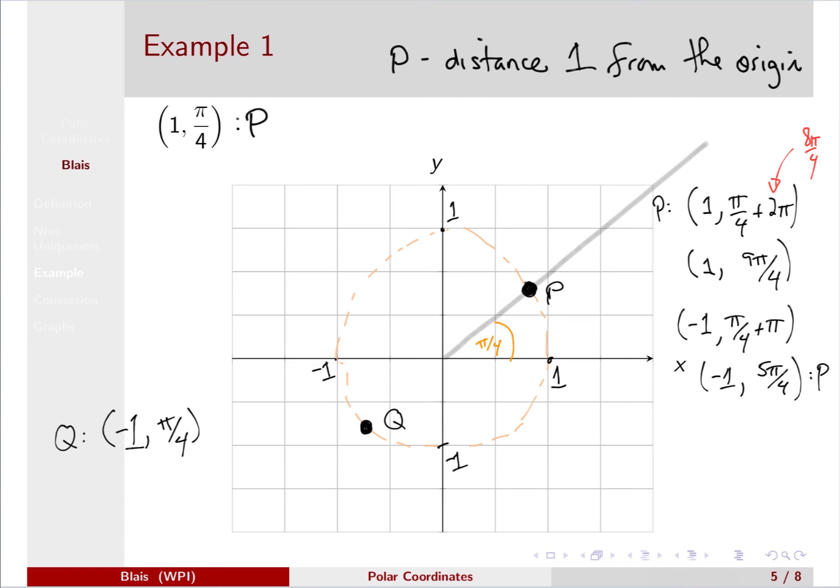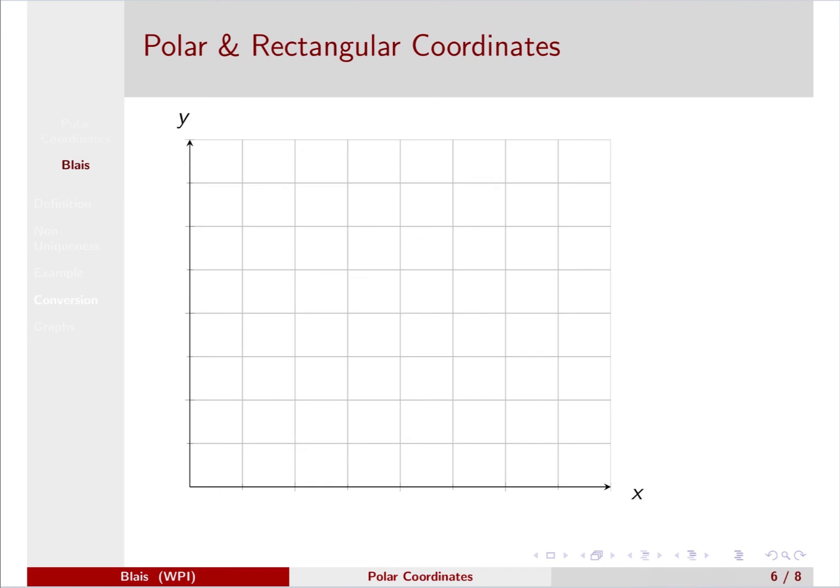So this gives us a little bit of a feel of how to work with polar coordinates. And again, what makes it a little bit tricky is that you have these non-unique representations. Well, we want to also address the way that we translate between polar coordinates and rectangular coordinates.